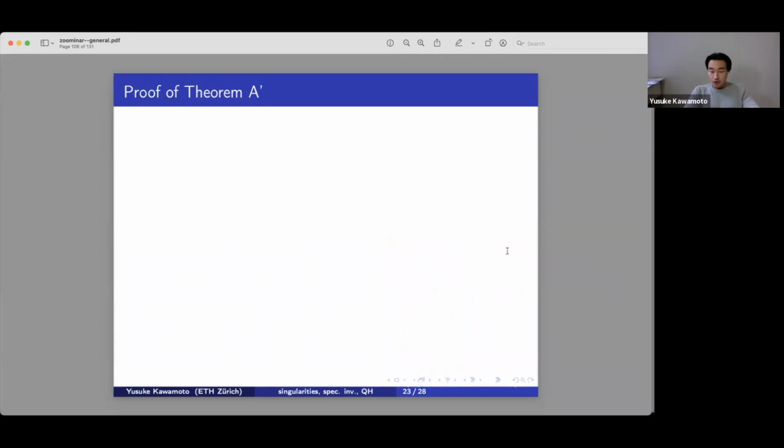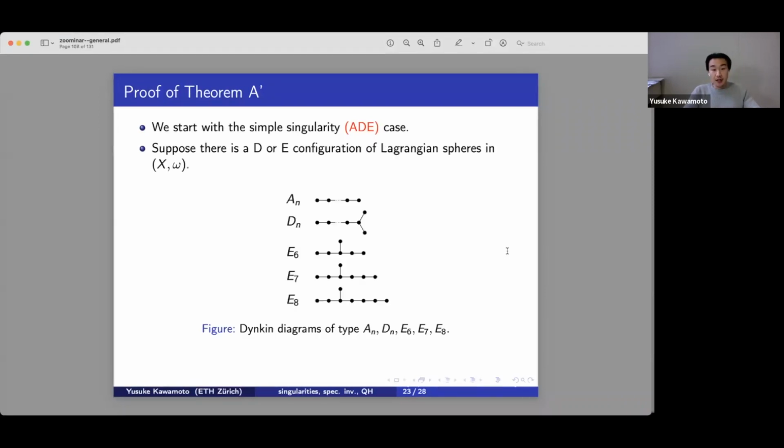So now let me prove Theorem A. We start with the simple singularity case, so we have ADE singularities. Let me remind you that the claim was that I don't want any D or E configurations inside the symplectic manifold. Once again, the D and E configurations look like this, thinking of Dynkin diagrams.